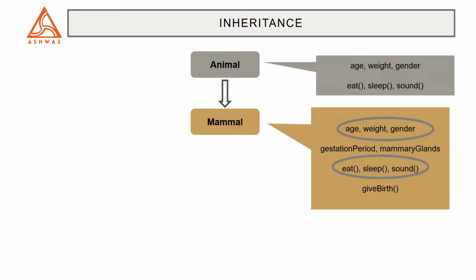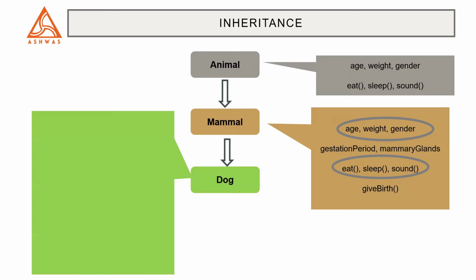Let's consider a third class, which is dog. Now, dog class has its own attributes like tail length and breed. And it has its own methods, wag tail and get trained. Again, dog is a mammal, which in turn is an animal.